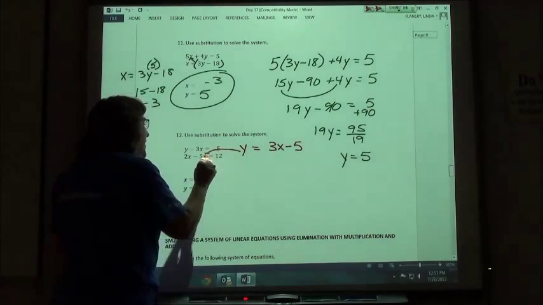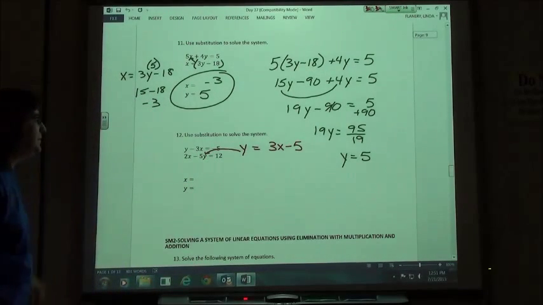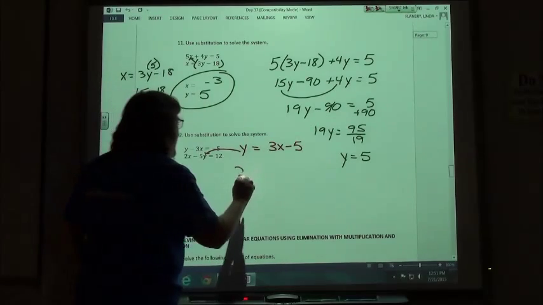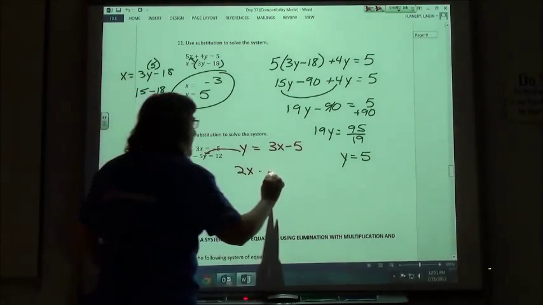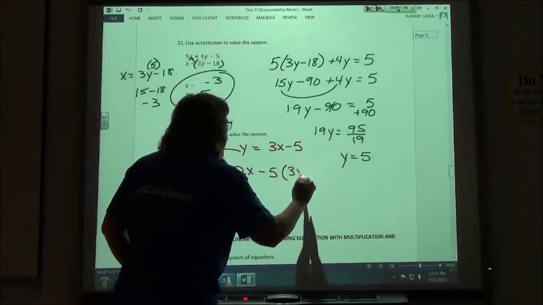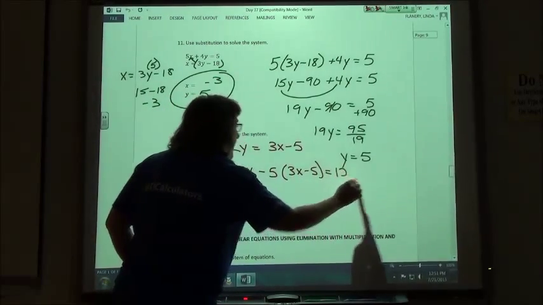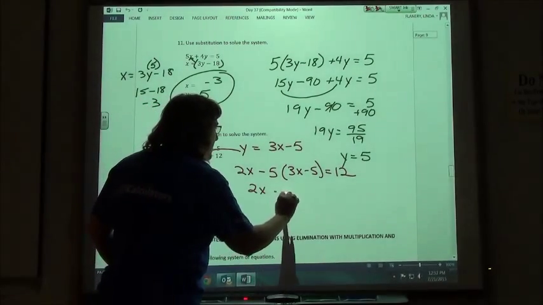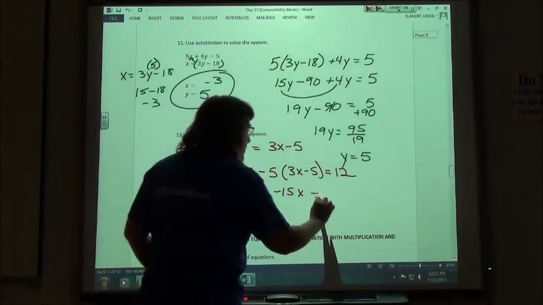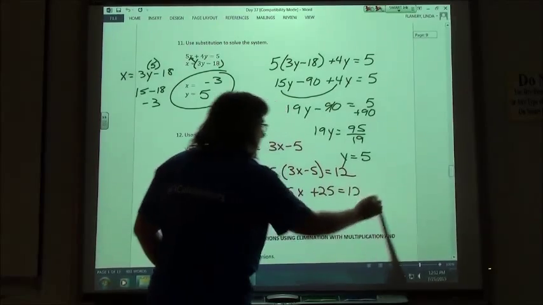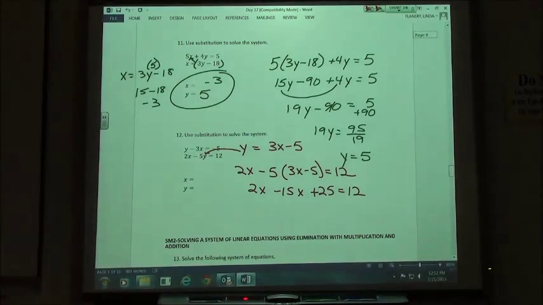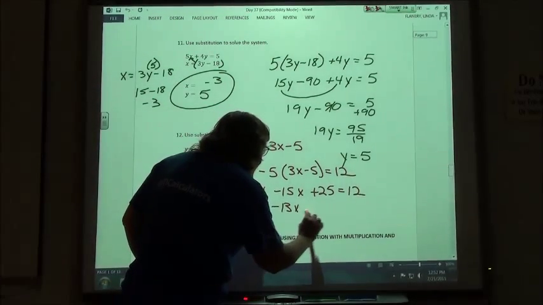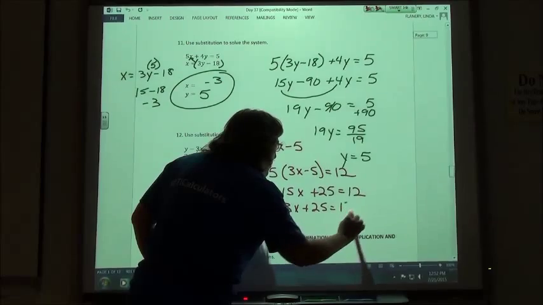Substituting in for y then, my new equation would be, equals 12. Okay, multiplying, 2x minus 15x plus 25 is going to equal 12, right? 2x minus 15x would give me negative 13x plus 25 equals 12.